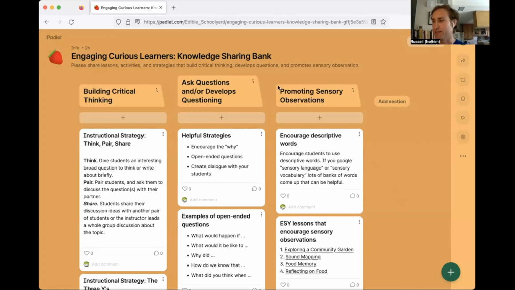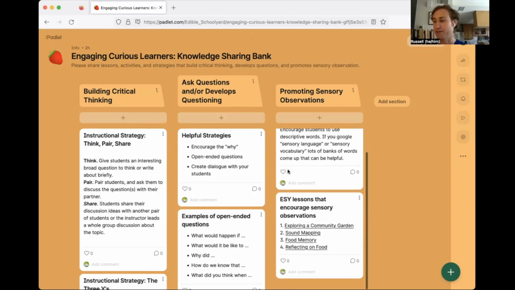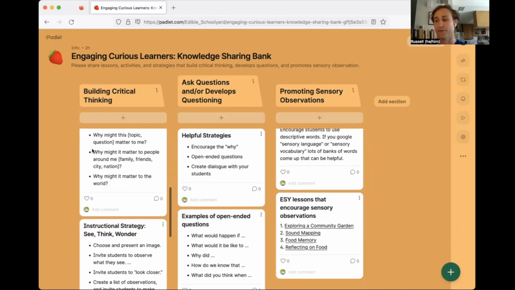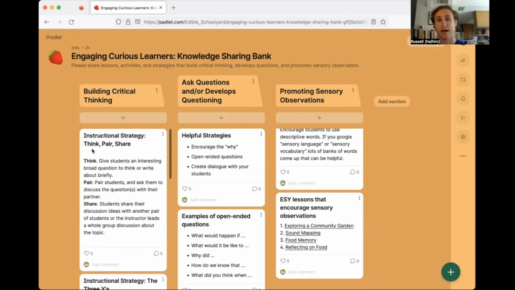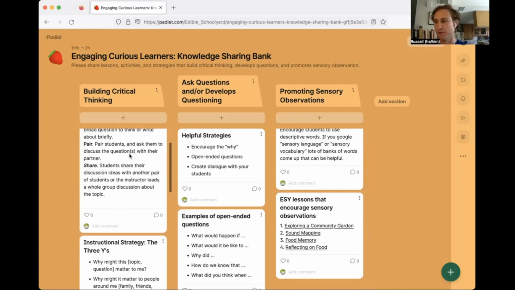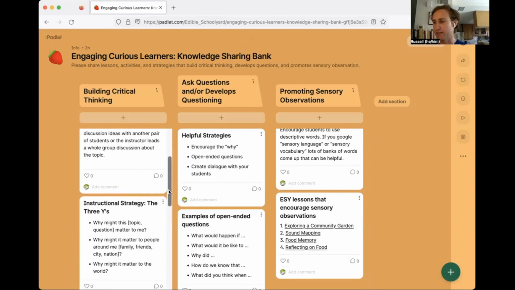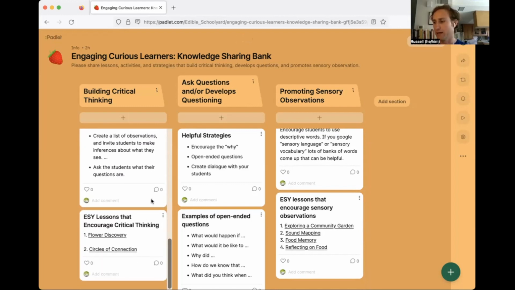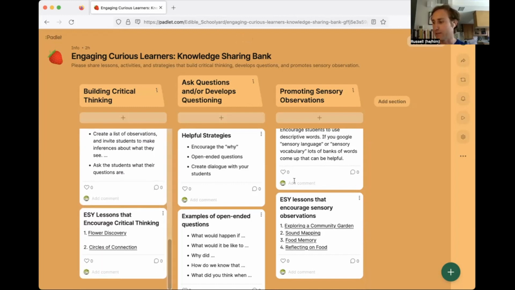We've set up three broad columns which align with those three tenets of deepening curiosity: building critical thinking, asking questions and/or developing questioning, and promoting sensory observations. We've pre-populated these columns with all of those resources that Raquel and I just presented on, the instructional strategies, as well as the lesson links that we referenced.